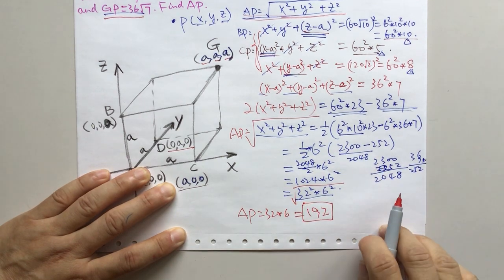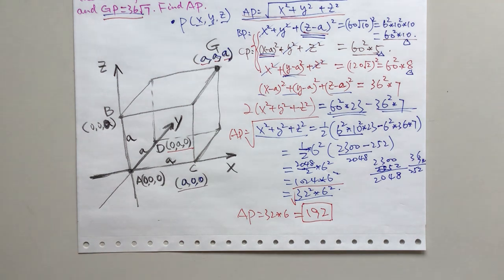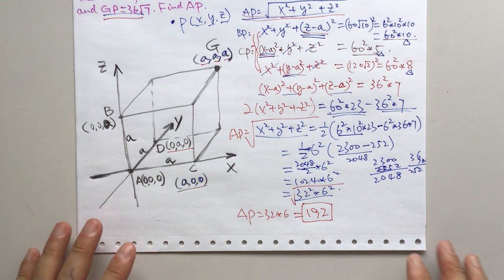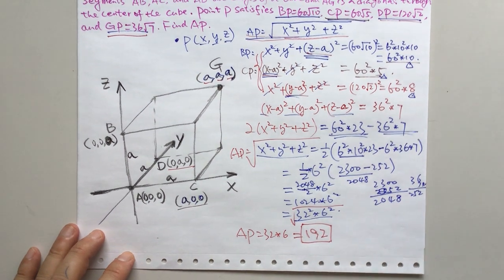Done. In this problem we just use the basic coordinate system and know how to find the distance between two points, and finally we got the answer. I hope you enjoy it.